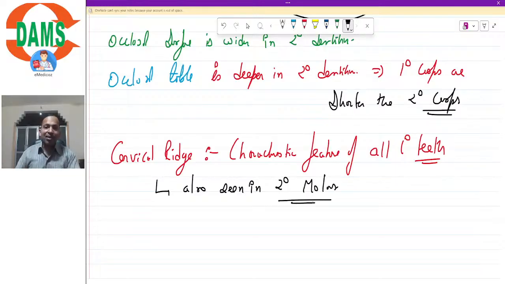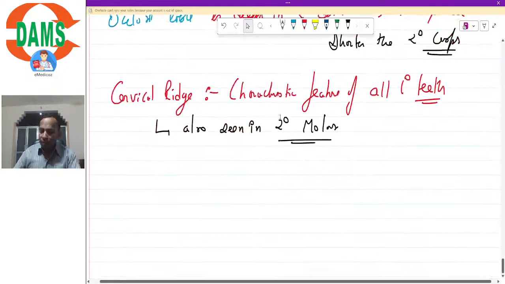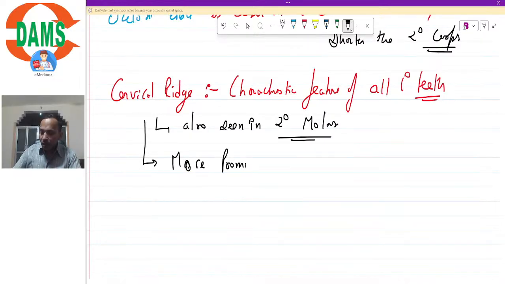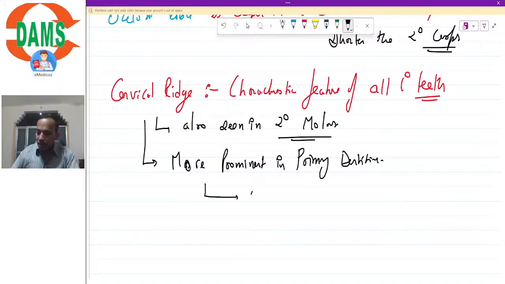Now, since it is the characteristic feature of primaries, obviously it is more prominent in primaries, and even in primary dentition it is most prominent in upper and lower first molars, right?